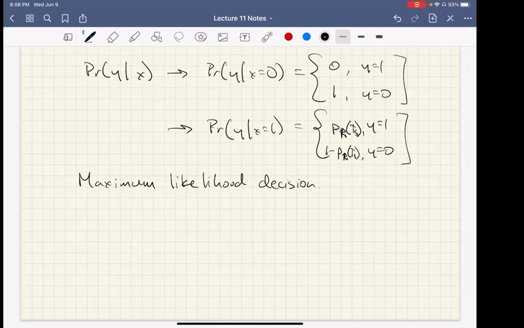So if y equals 1, then what do I have? The probability that y equals 1 given x equals 0 is, correction, 0.